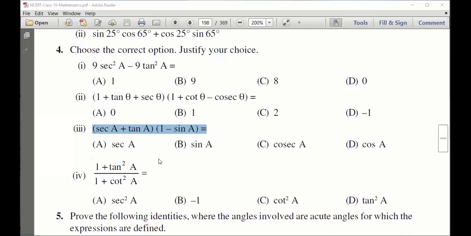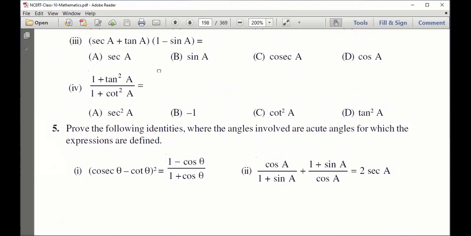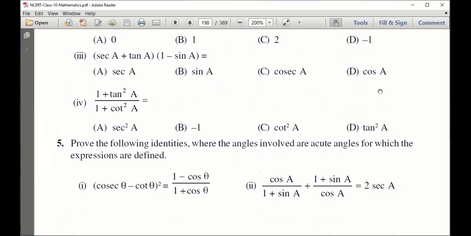Question number 4. Nikhil, will you solve? 1 plus tan square A by 1 plus cot square A equal to? How will you solve? So 1 plus tan square A is sec square A, correct, and 1 plus cot square A is cosec square A. So we got sec square A by cosec square A. We'll convert both into sine and cos.